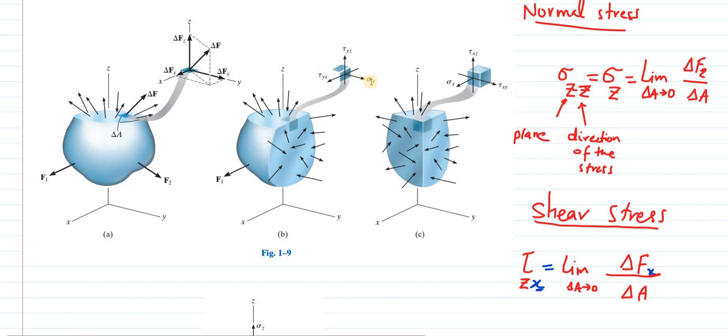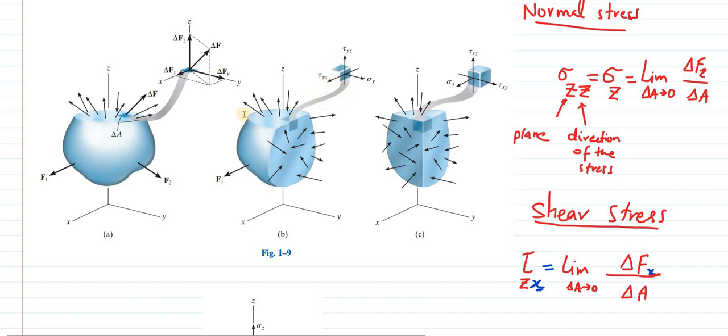Sigma yy, or simply sigma y, is the normal stress in the y direction, and we will again have two components of shear stress, one acting in the z direction and the other in the x direction. Since in all cases we have considered a plane normal to the y-axis, the y plane, you see y as the first subscript in these stresses.